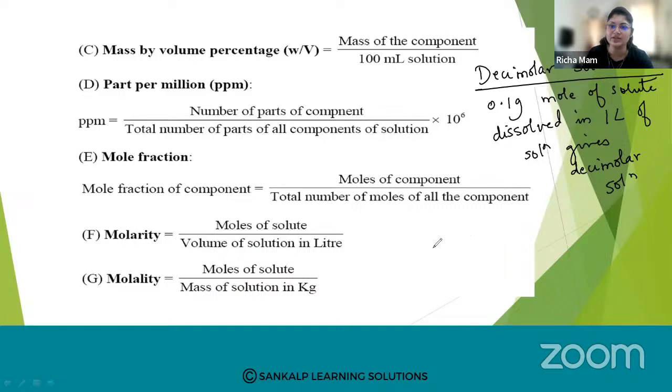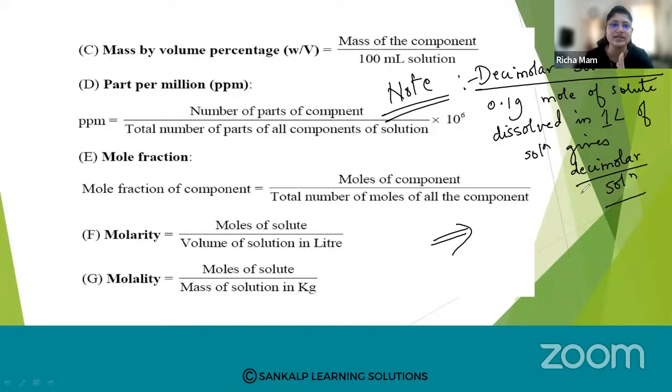Please make a note of this. Whenever 0.1 gram mole of solute is dissolved in 1 liter of solution, it will give you a decimolar solution.